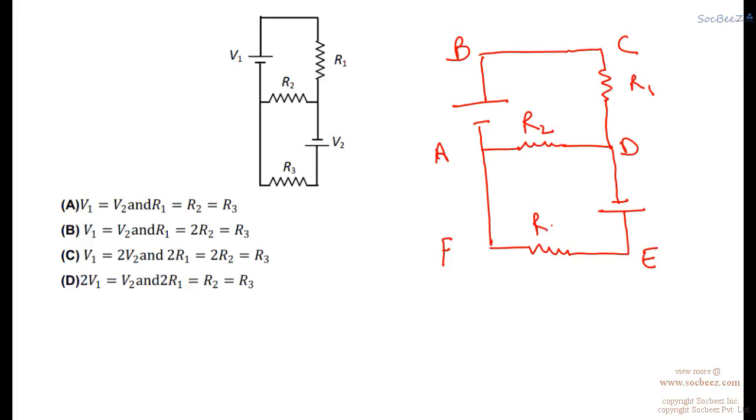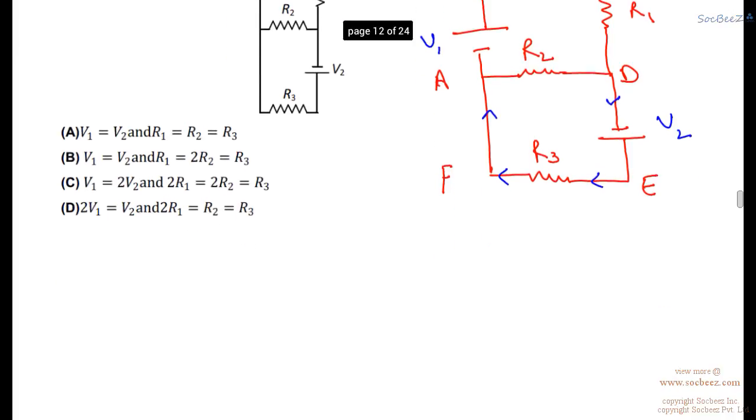Here this is R2, this is R1 and this is R3, and let's say that current is in this direction, which is I. Okay, so current will be like this. This is V1, this here is V2.